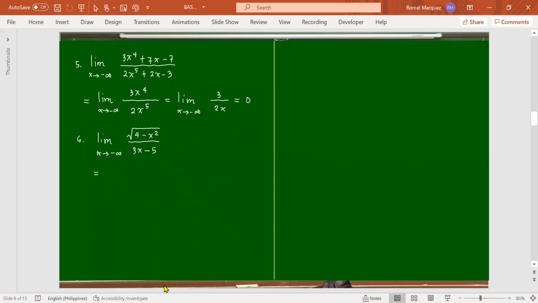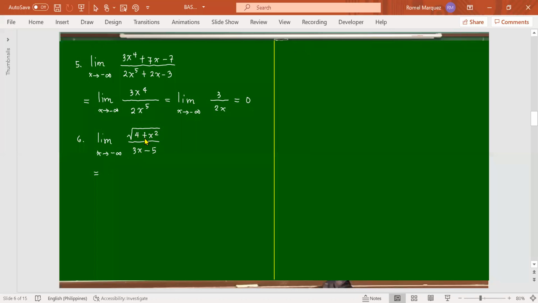What are you going to do here? Kapag ang loob ng radical is getting very big, negative, magiging undefined. So, ibig sabihin, plus dapat to. Okay, guys?